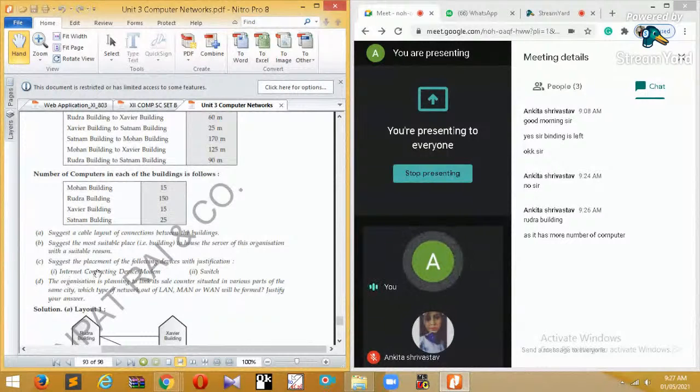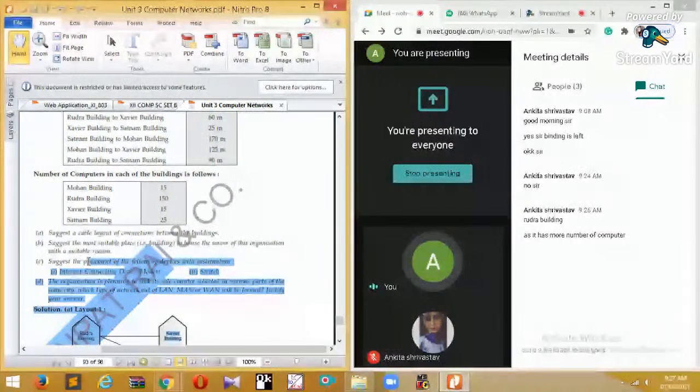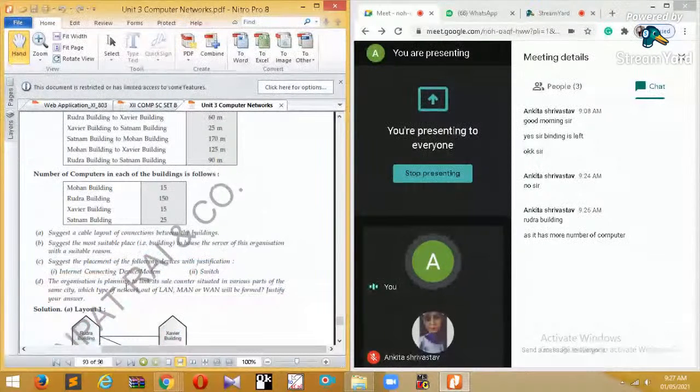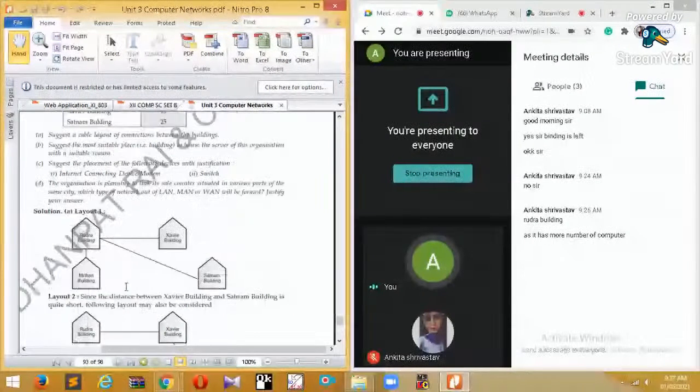The devices given are the internet connecting device or modem, and the switch. In the last question we saw the repeater, but here it asks for the internet connecting device, or simply the modem. We know the modem, meaning modulator-demodulator, is the device that connects the computer or device with the network. So where do we have to place the internet connecting device or modem?